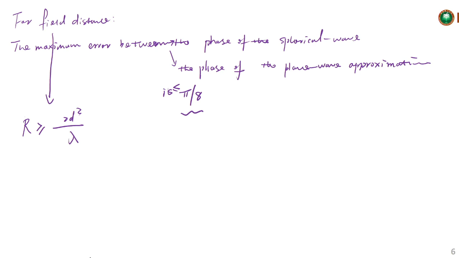Here R is the distance between the transmitter and receiver, or the distance between the antenna and the target, and D is the linear aperture of the antenna.